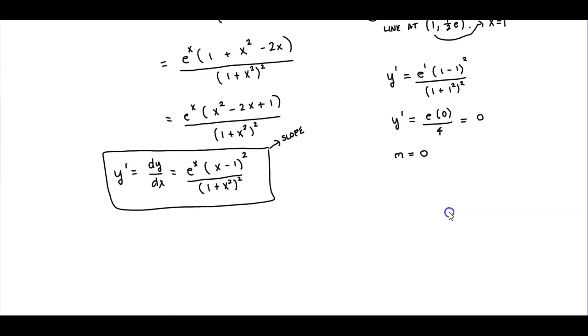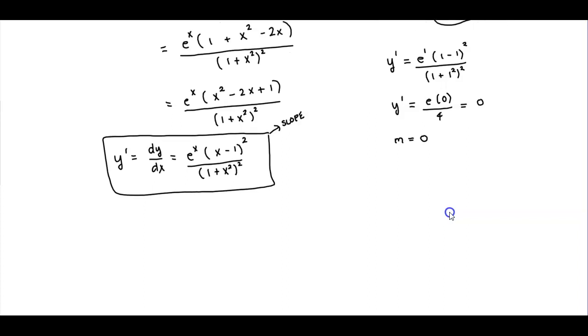Okay? So now we want to find the line that is tangent. So what we're going to do now in step number 3 is we're going to use the point slope form. y minus y1 equals m times x minus x1, where we know that the point is 1 and then 1/2 e, and the slope is 0.